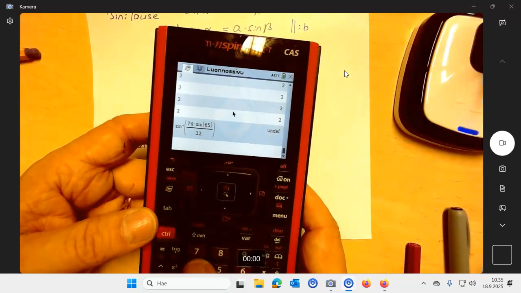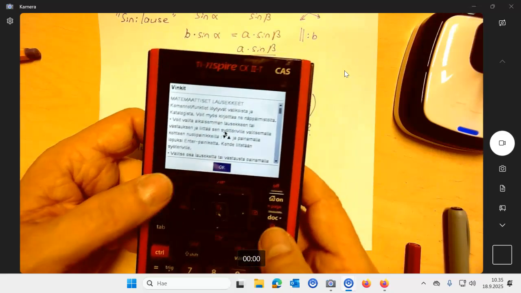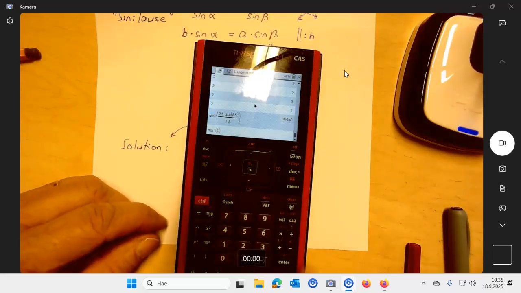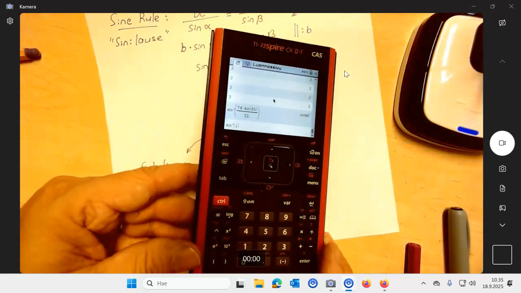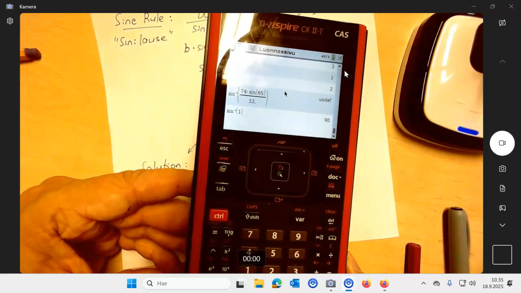For example, inverse sine of exactly 1 becomes 90 degrees.